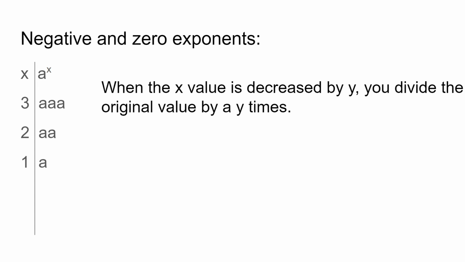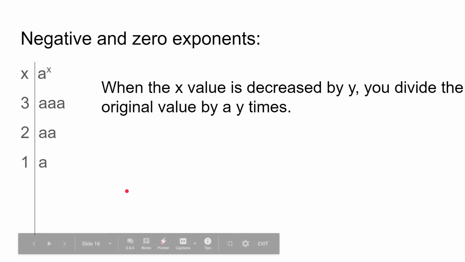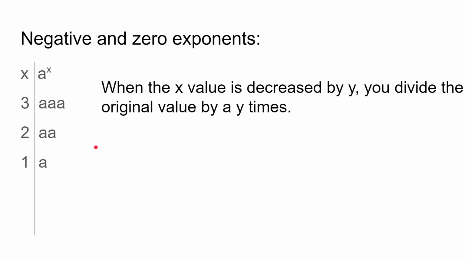Now we can see a pattern where every time we go down by 1, you are dividing by a once. And when you go down by 2, you're dividing by a twice. Another way to say that is when the x value is decreased by y, you divide the original value by a y times.